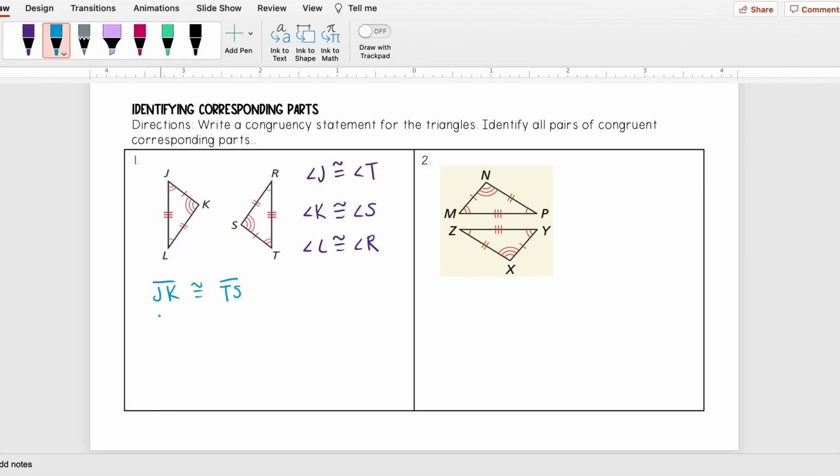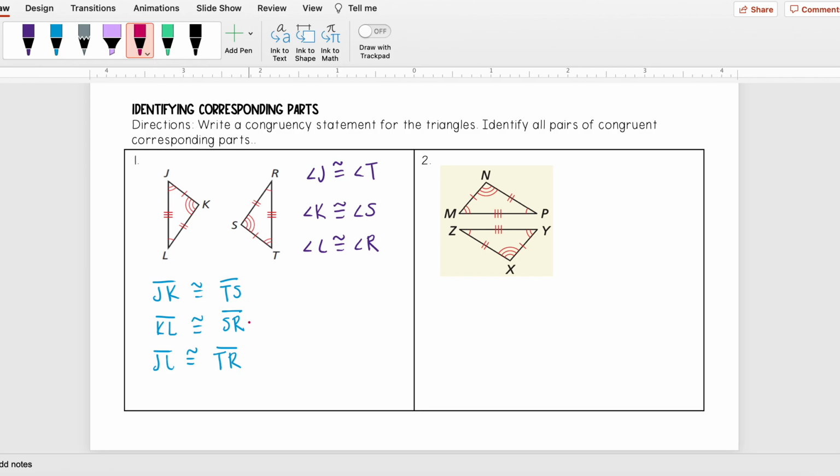I see that KL has 2 tick marks, and so that means that the side that's congruent to KL is going to be SR. And then JL has 3 tick marks, and I see that TR has 3 tick marks. And I remember when you're naming these segments, you can switch the order. So this could have been KJ, this could have been RS. They all mean the same thing.